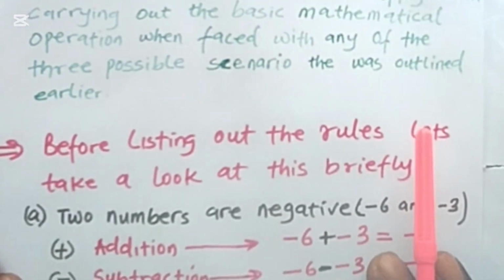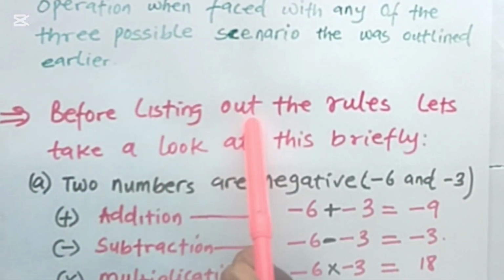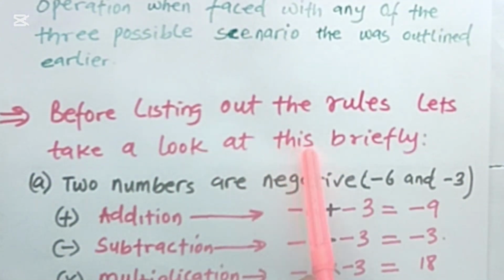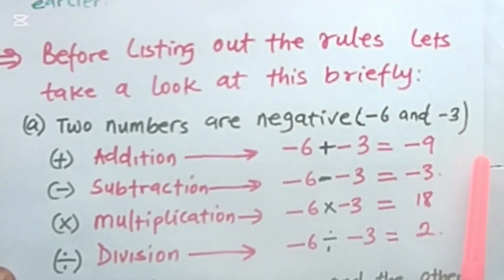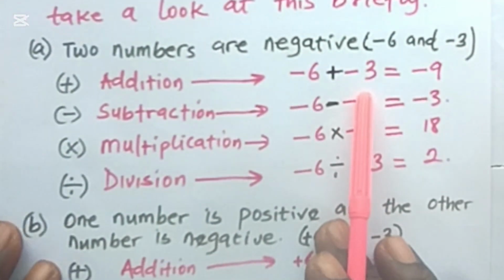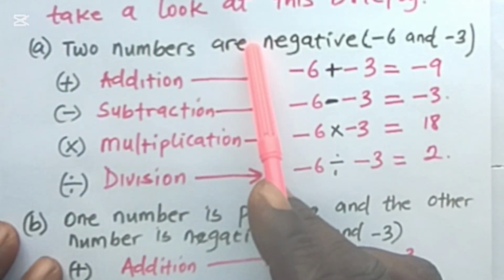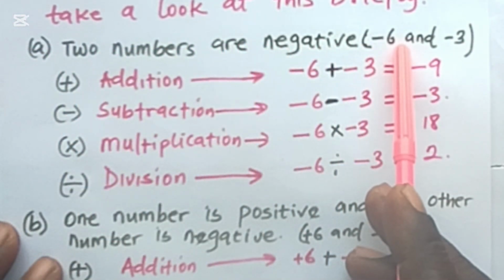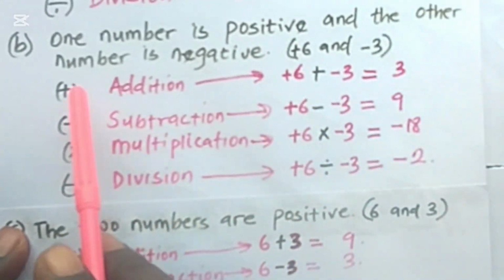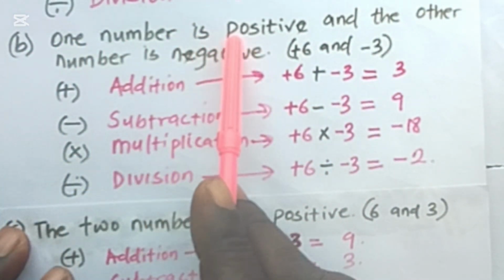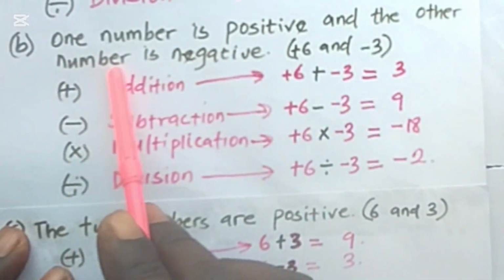In a nutshell. Now, before listing out the rules, let us take a look at this briefly. What I just did here is that I brought out the three possible scenarios. The first one is the two numbers are negative. The second one is that one of the numbers is positive and the other one is negative.